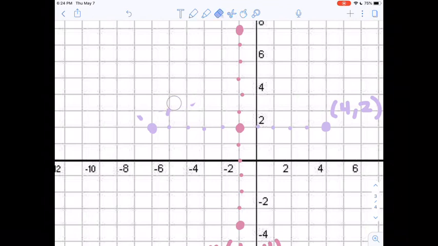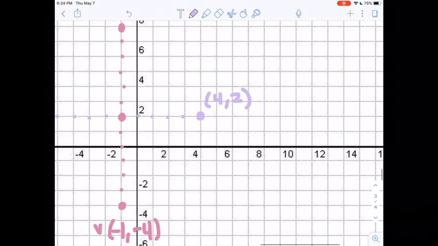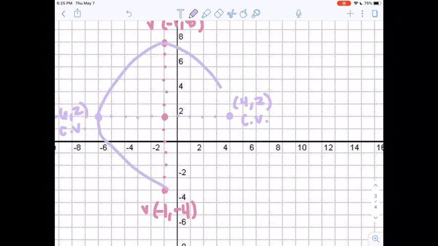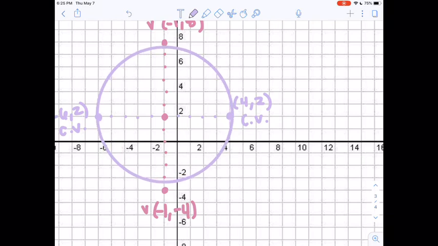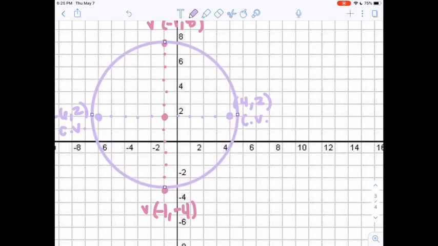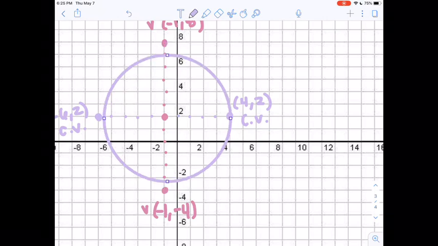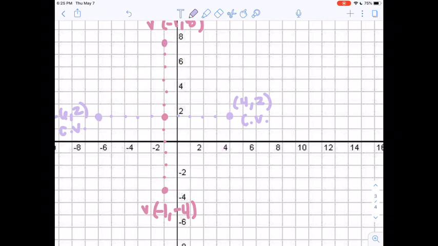Let me write this over here. And this is a co-vertex because it's on the smaller axis. So now let's connect these points. See, now this one kind of formed more of a circle. When I held it down, I don't know if it'll fix. No. Okay, so I'm just going to make an ugly ellipse right here.